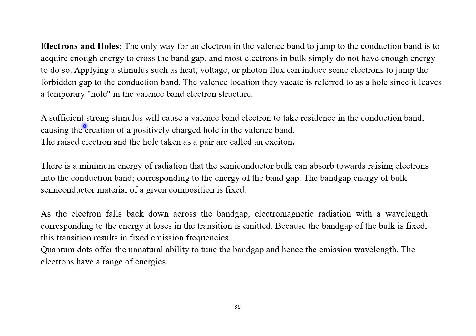A sufficiently strong stimulus will cause a valence band electron to take residence in the conduction band. طبعا الطاقة هاي المحفزة اللي قلنا عليها heat or voltage or photons flux تسبب أنه تكون هاي الالكترونز تستقر في conduction band, causing the creation of a positively charged hole in the valence band. طبعا هاي الهولز راح تكون positively charged.